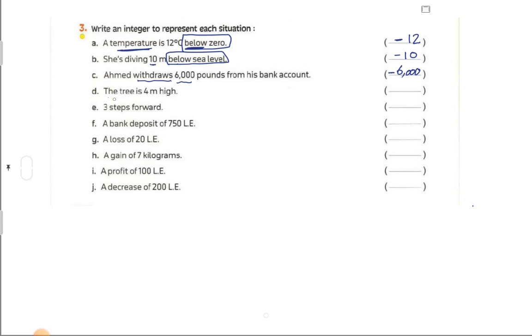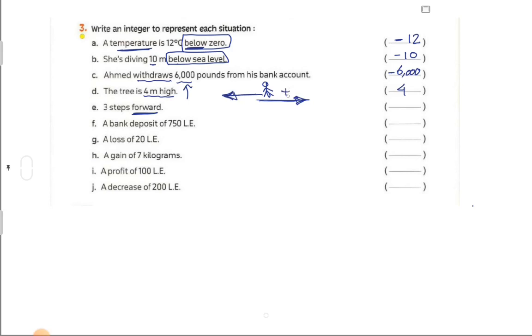The tree is 4 meters high. 4 meters high is above, so it's just 4. 3 steps forward or backward. When you move, maybe you move forward or backward.